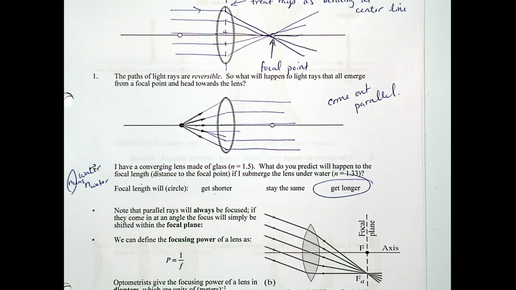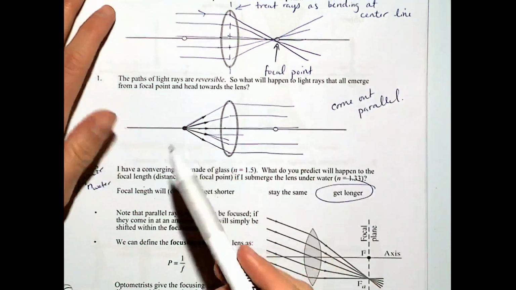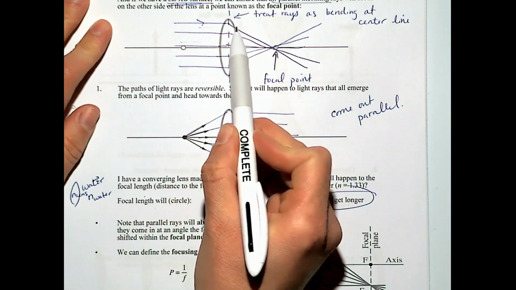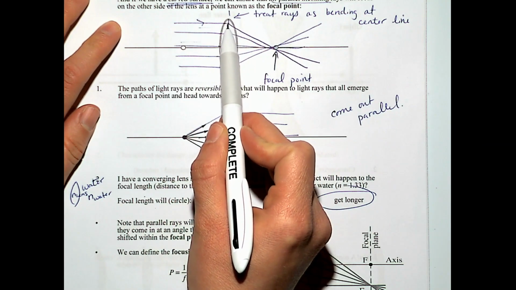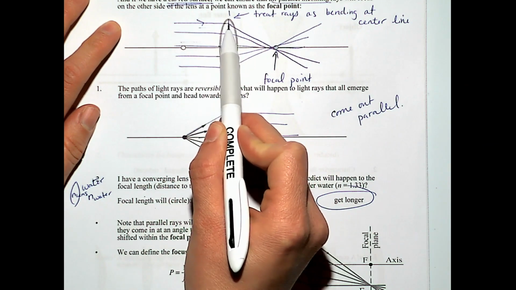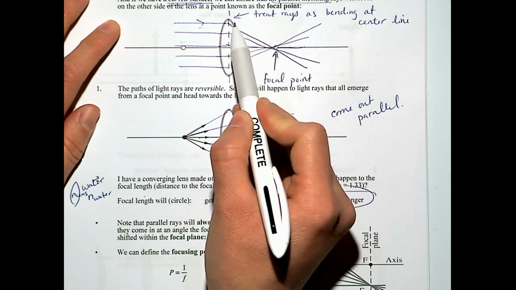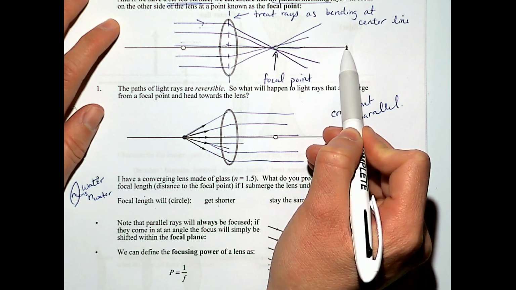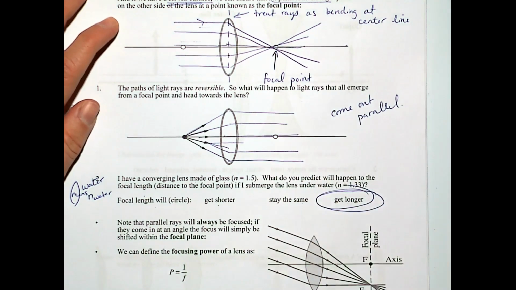Those two things are more similar than lens and air. So stuff's not going to bend as dramatically, which means that the focal length is going to get longer. So rays will be coming in like this, and the difference in index of refraction between the two things isn't as great, so the rays aren't bent as much, so it's going to end up somewhere over here. Does that make sense? So they're going to get longer.